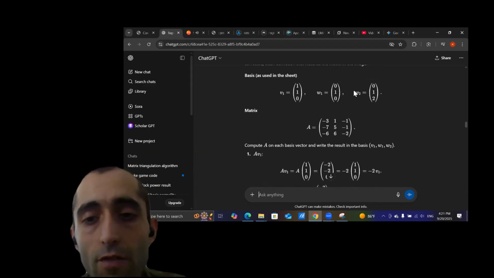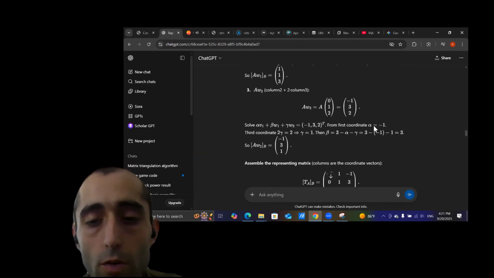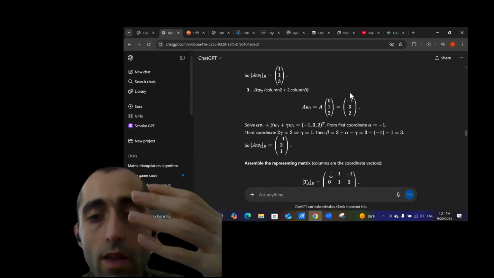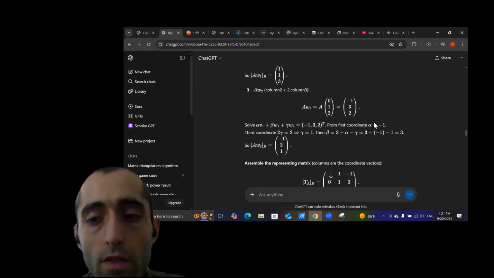Now for the last vector in the base we want to get to, W2, which is 0, 1, 2, we calculate AW2 in this base, and we calculate this, and get this one. Now again, we ask ourselves what are the coefficients for the new base that give me this vector. When we calculate this, we get the coefficient alpha equal -1.